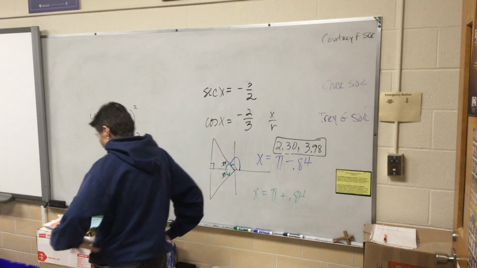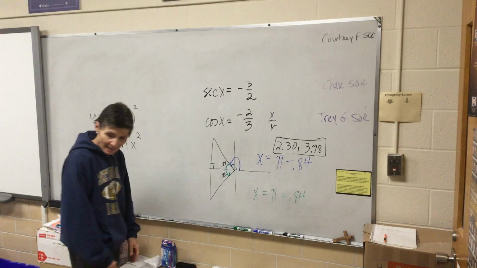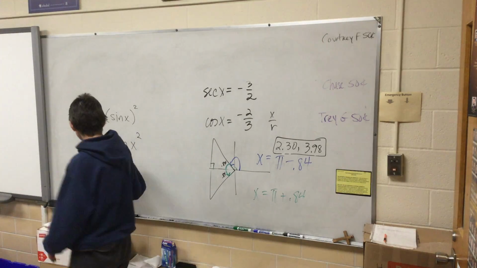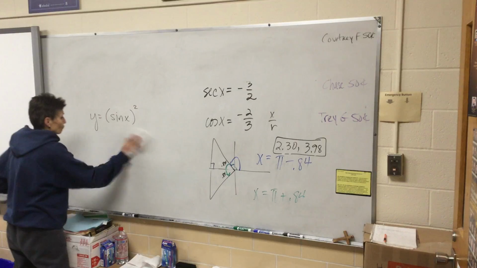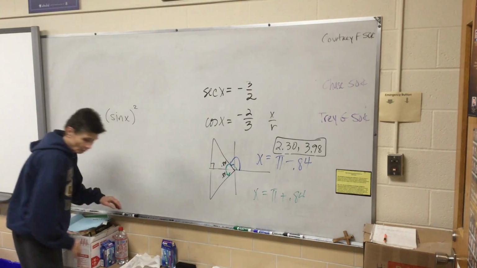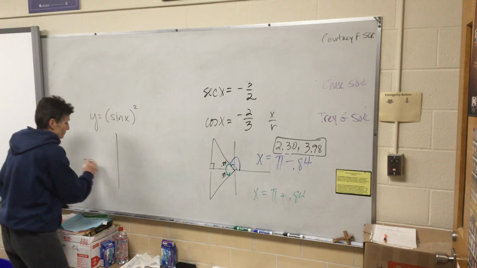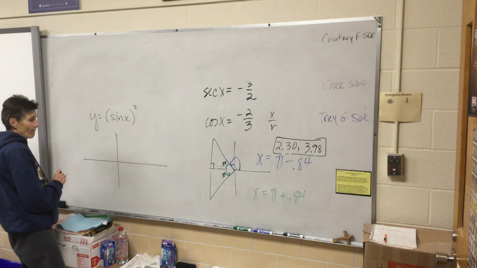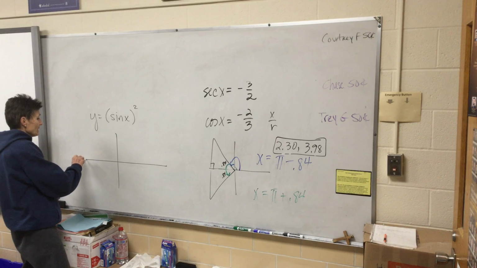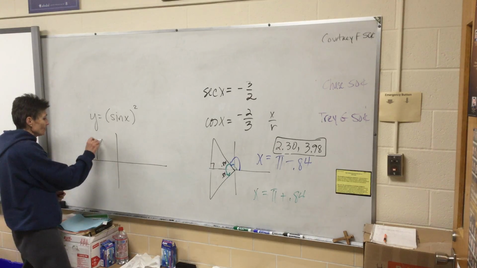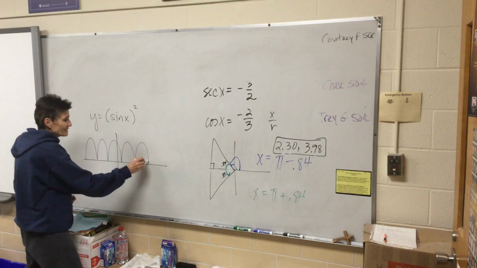All right, so what shape did you get? Did you get anything that you might have expected? Or now that you've looked at it, does it sort of make sense to you? Remember what the sine looks like?